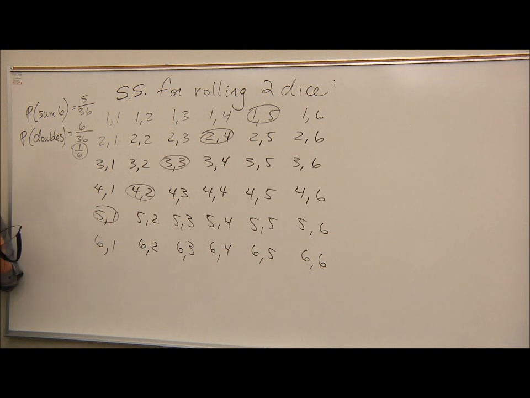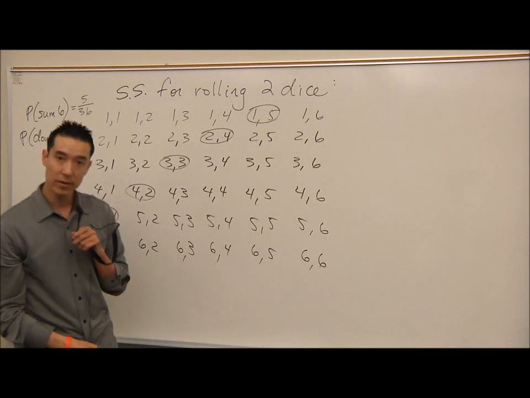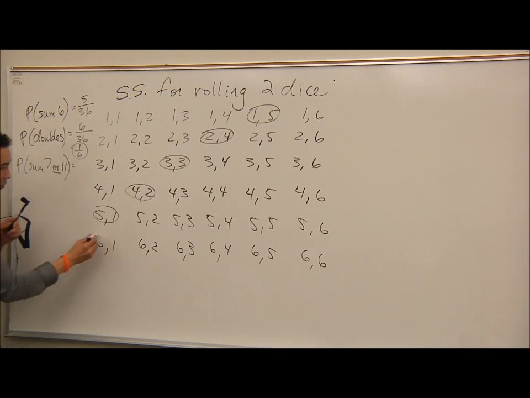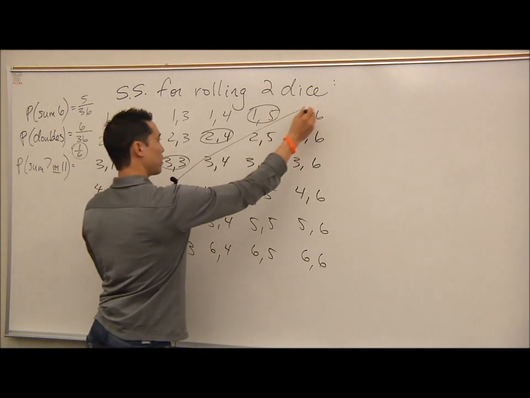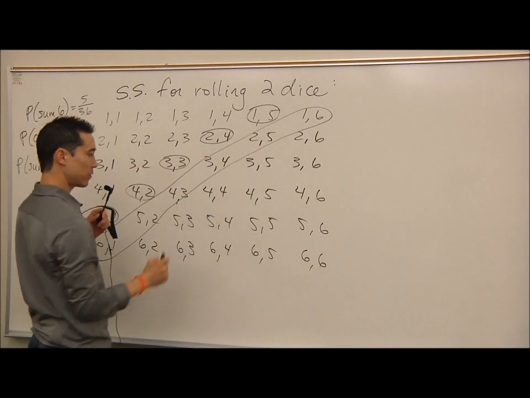Okay. Next question. What's the probability of getting a sum of 7 or 11? Getting a little messy here, sorry, but 7 or 11. So this whole corner here, those all add up to 7, right? 1, 2, 3, 4, 5, 6 of them.